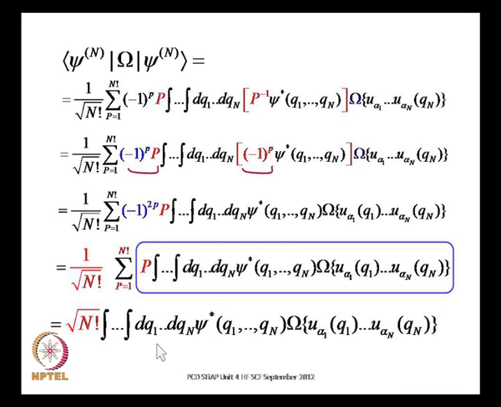Look at this integral. This is an integrand which is being integrated over the integration variables, right. What are the integration variables? q1 through qn. What is this permutation operator doing? It is going to permute the states, right.